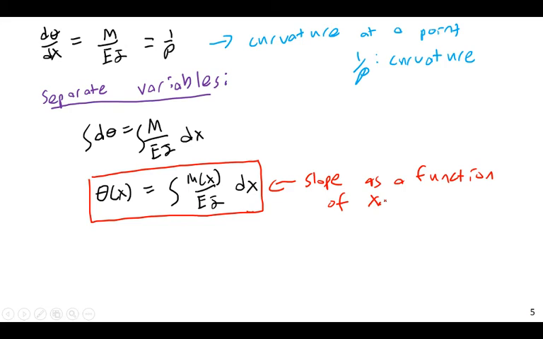This is the slope on a beam as a function of x. So we've actually got something useful now. Very good. But we're not done yet.